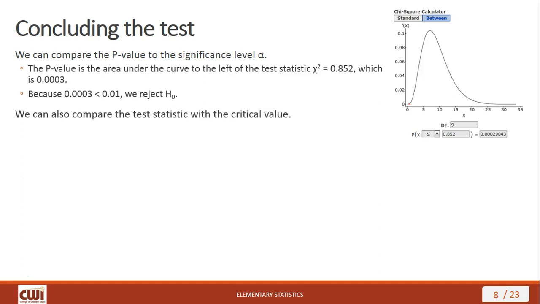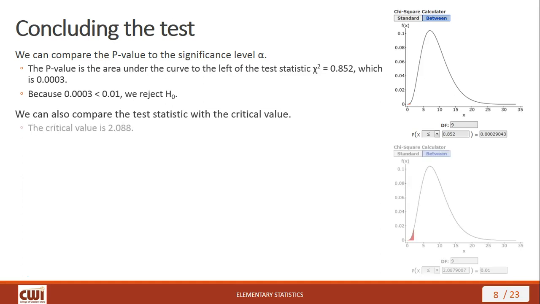Alternatively, we can compare the test statistic with the critical value. The critical value is going to come by putting our alpha level into our chi-square calculator, and the horizontal axis value that corresponds with that area is the critical value, 2.09, or 2.088 if you go to 3 decimal places. Now, our test statistic is less than our critical value.